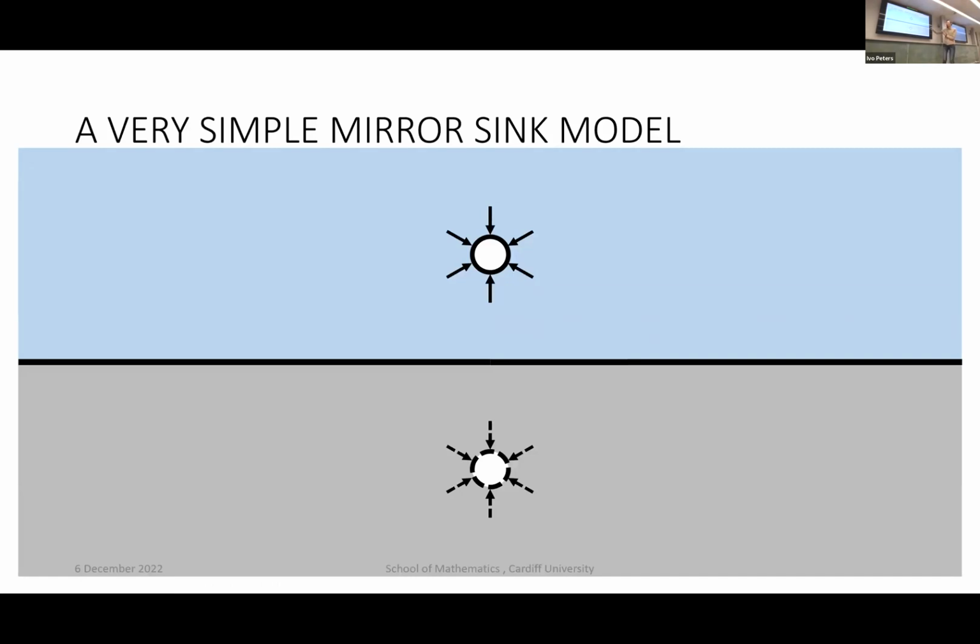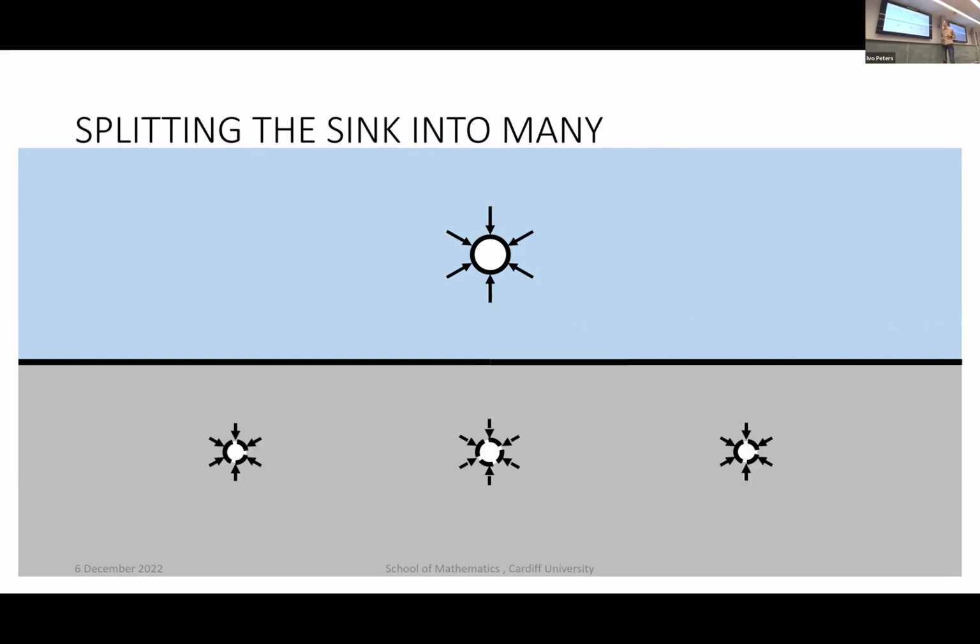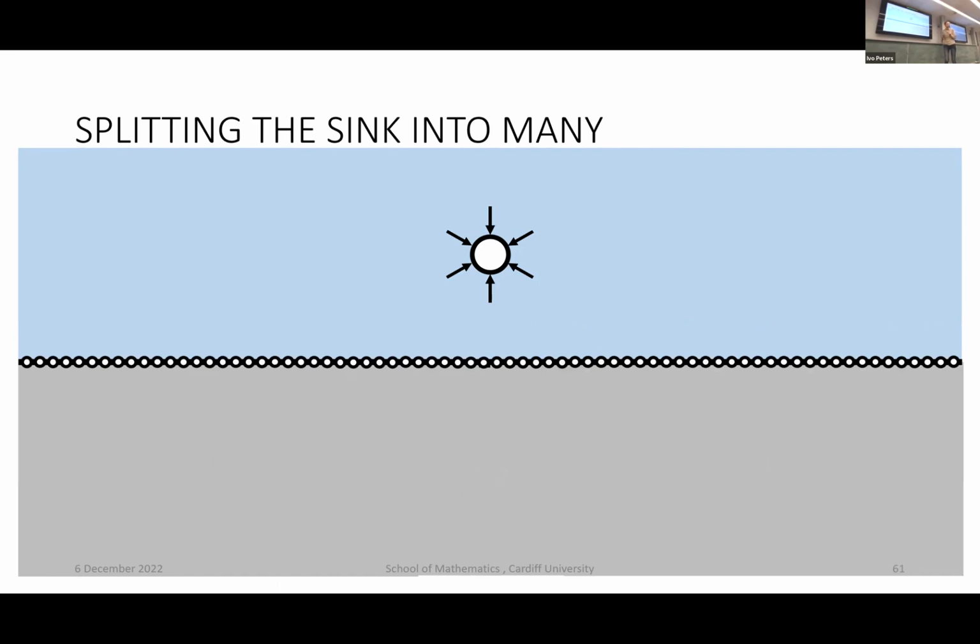So this is what we've done so far. We say we have a bubble and we model our geometry using an image sink. So what my PhD students did was say, I want to do this more like a numerical method. So we said, well, we can generate more and more image sinks, but instead of saying an image sink has exactly the same strength, all these sinks have some specific strength, and we adjust the strength in such a way that we still have this no-slip, no-penetration boundary condition on our walls.